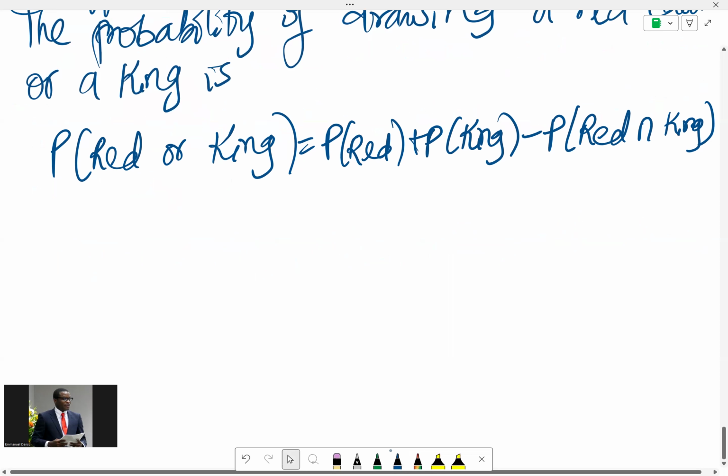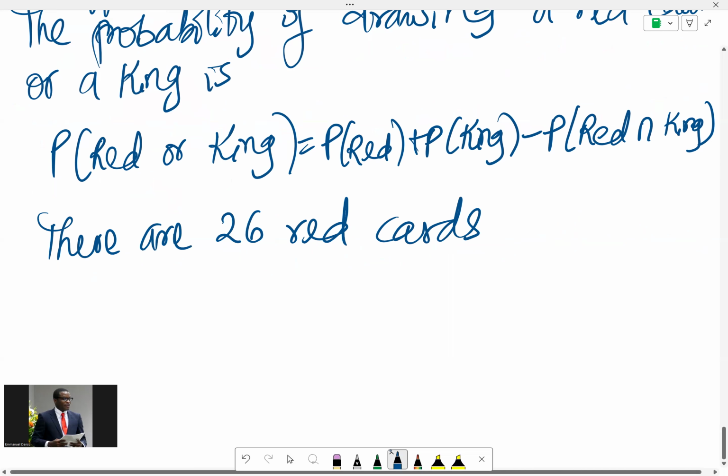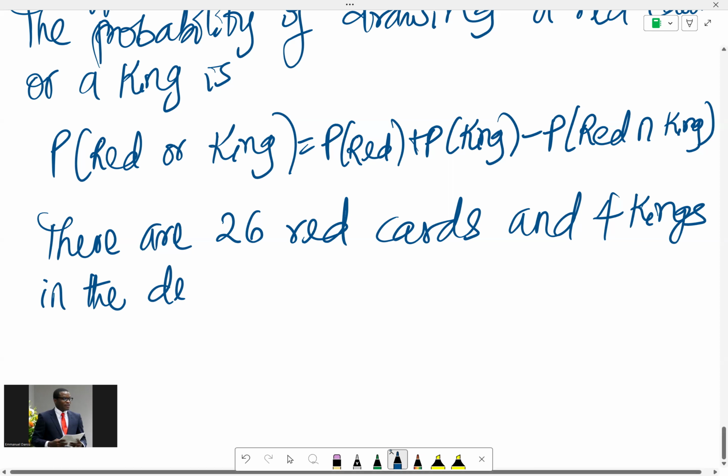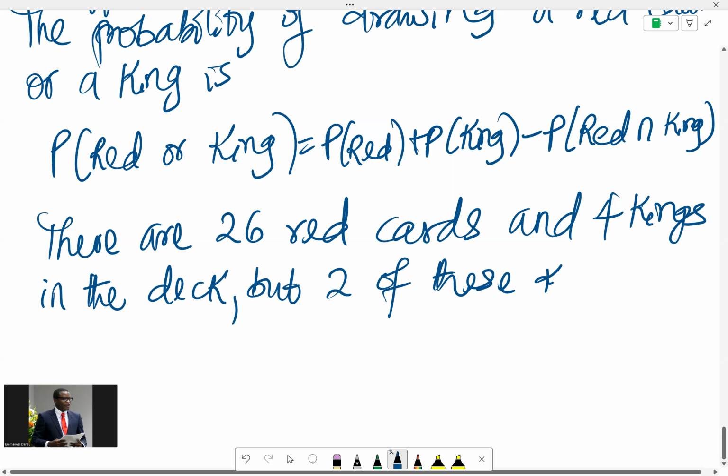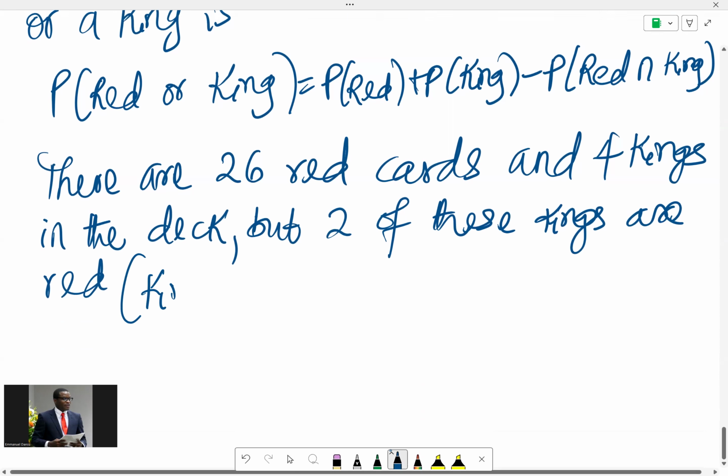So now this is because there are 26 red cards and four kings in the deck, right? But two of these kings are red. So you have king of hearts and king of diamonds.